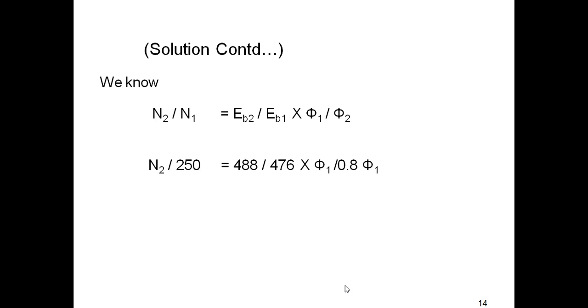Phi 1 gets cancelled, and on solving this, we get the value of N2 as 320.4 rpm.